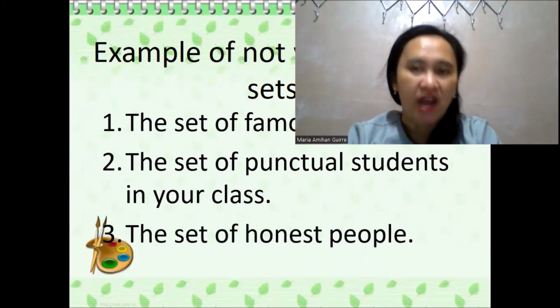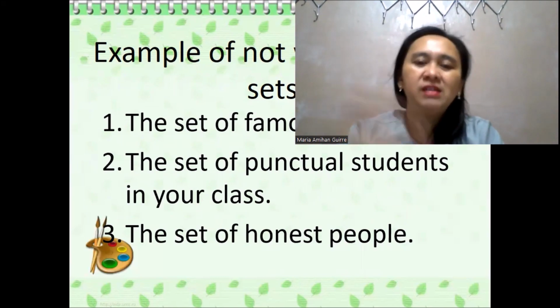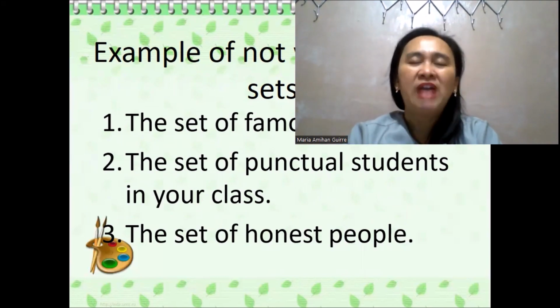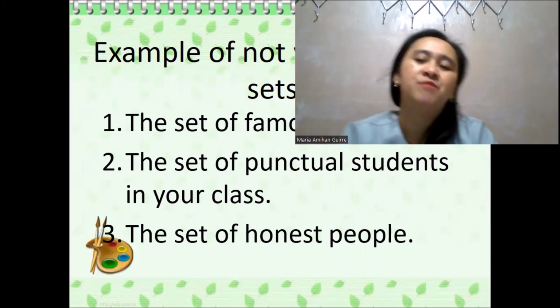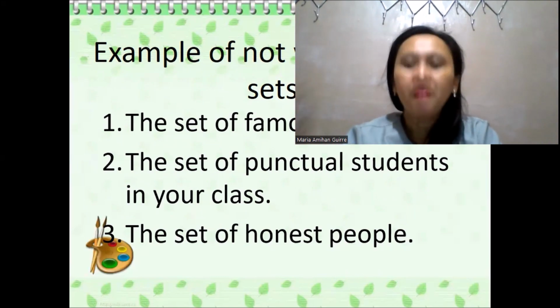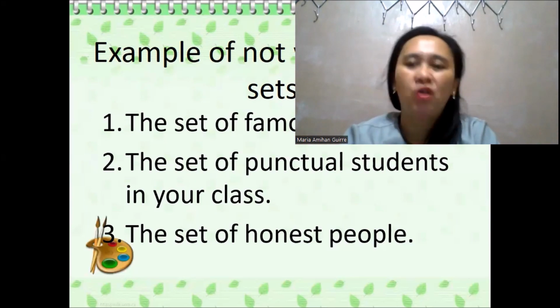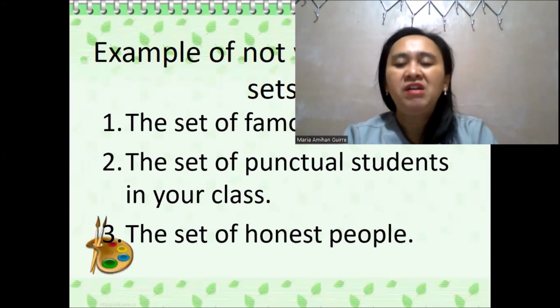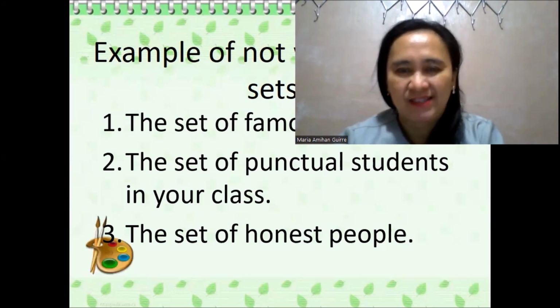Pwede tayong honest today, bukas ay hindi tayo honest. So these are samples of not well-defined sets. If we observe the 3 examples, makikita natin yung mga behavior, attitude na mayroon tayo o na nakikita sa tao o even sa object, ay iyon ang mga sample ng not well-defined sets.